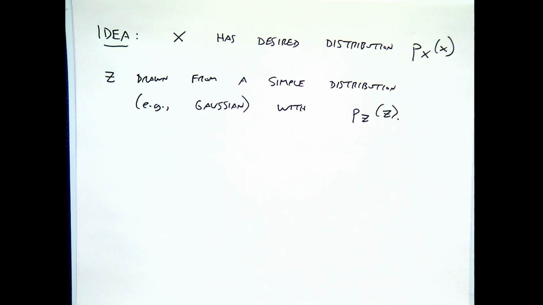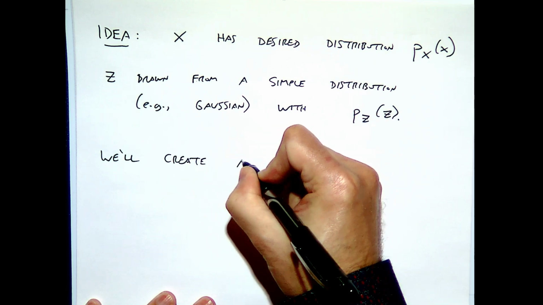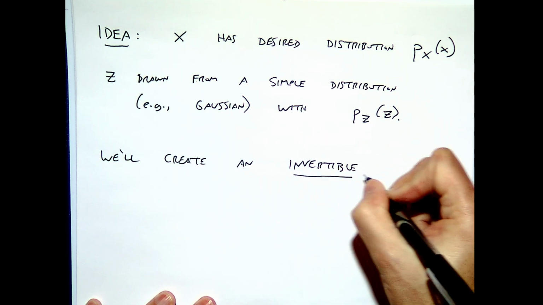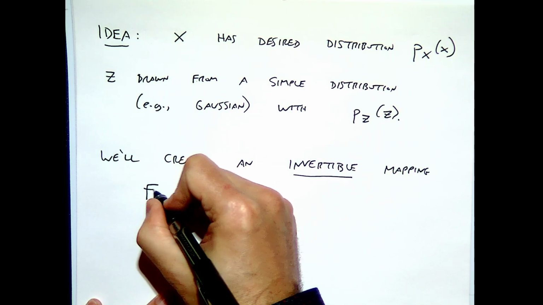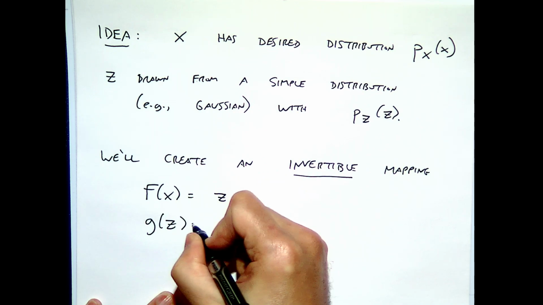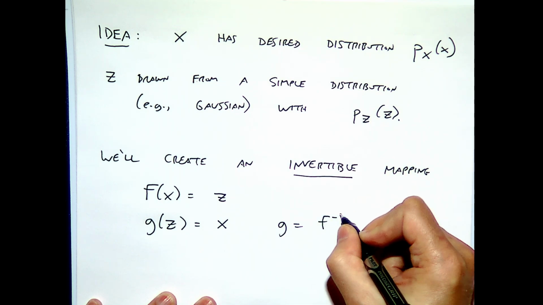Okay. So what I'm going to do is make a mapping between X and Z that is explicitly easy to invert, okay? So we will create an invertible mapping that is f of x equals z and g of z equals x, where g is equal to f inverse.